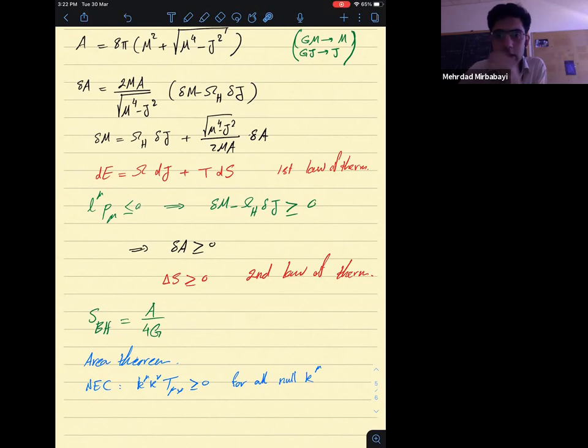And this association of temperature and entropy to a black hole allows you to preserve the laws of thermodynamics, which are now called generalized laws of thermodynamics in the presence of black holes.